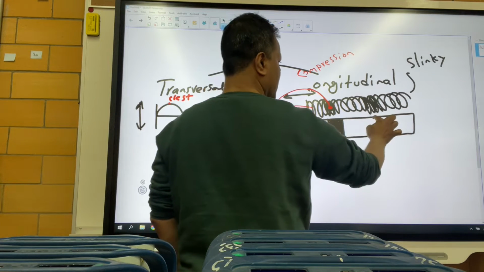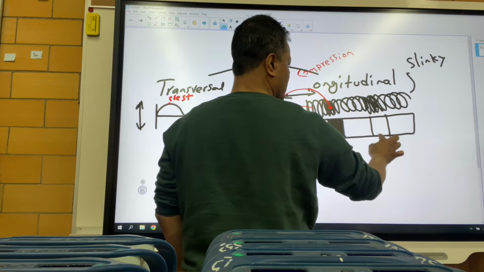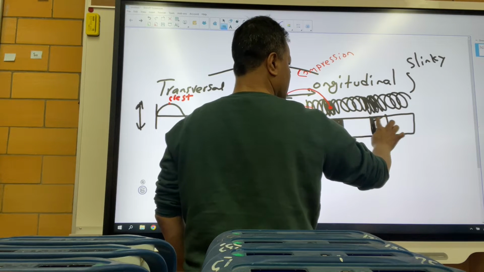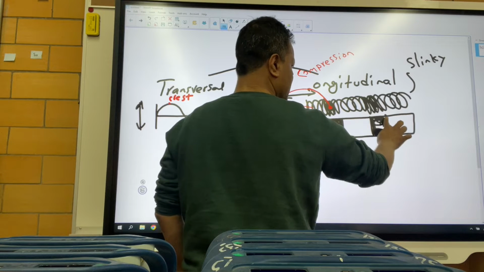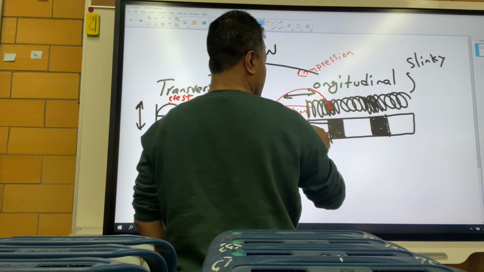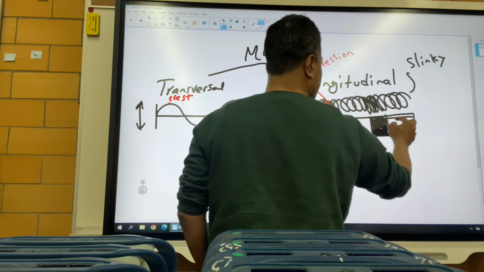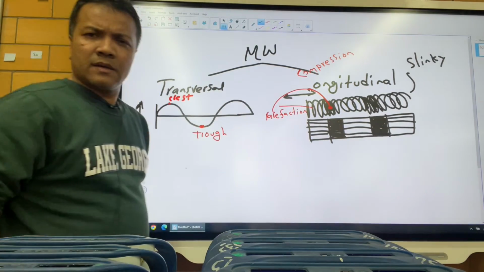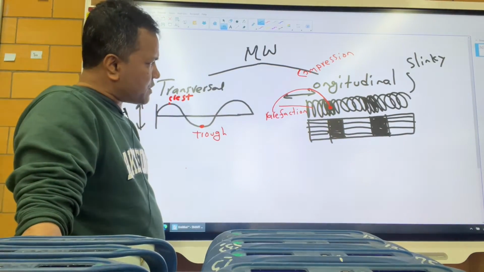This is also high pressure. So compression is high pressure and rarefaction is low pressure. So this is the rarefaction, low pressure. This is compression, high pressure.